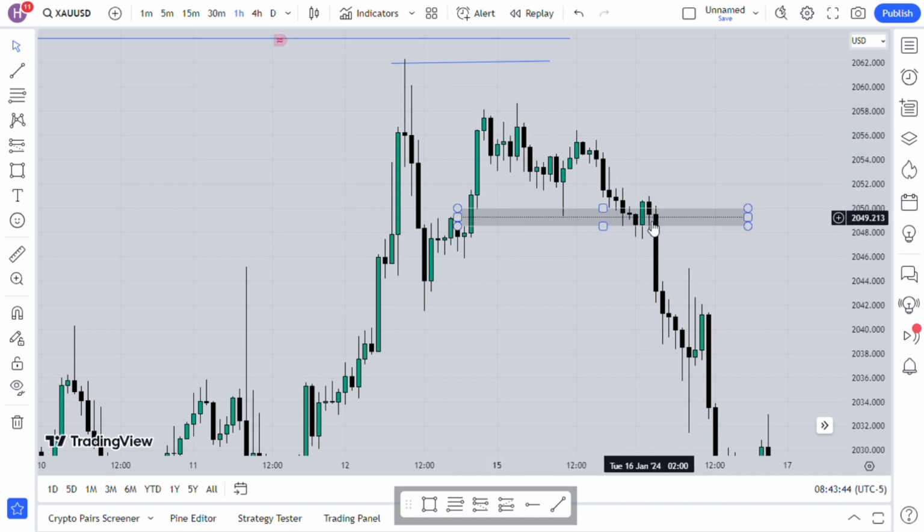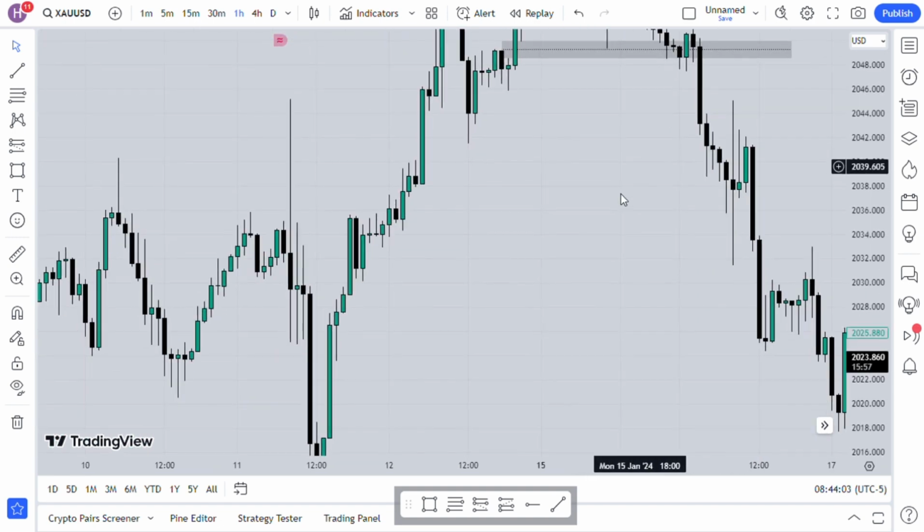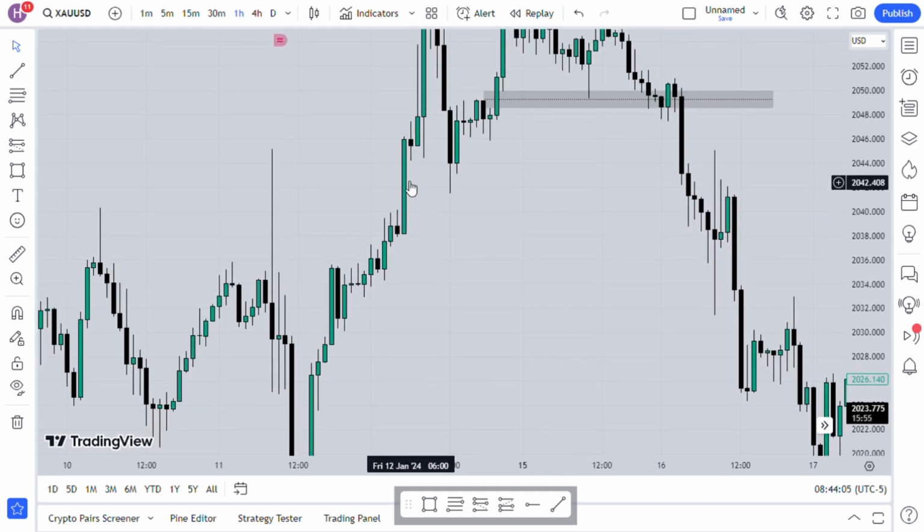You will notice that the fair value gap was taken out on this candle here, on the Tuesday. Immediately noticing this, you'll know correctly that the market is willing to go down, and the draw on liquidity will be on this low here.